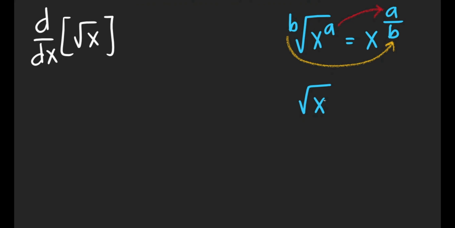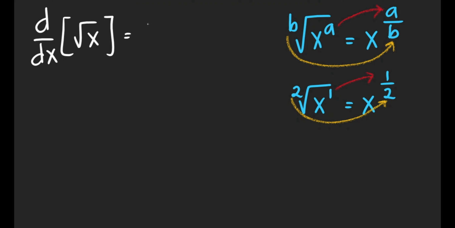For square root of x, the exponent a is 1, and the index is 2. Square root of x can be written as x to the power 1 over 2, or 1/2. Notice that we can also apply the power rule to find the derivative.